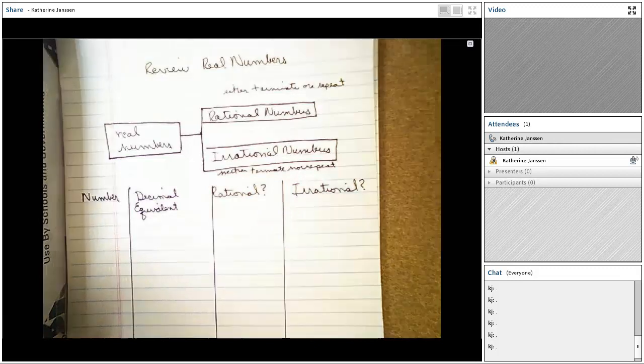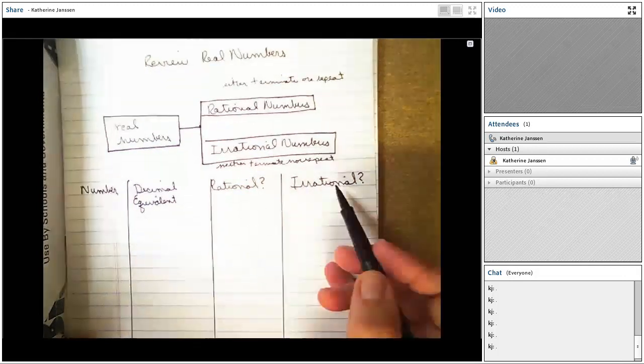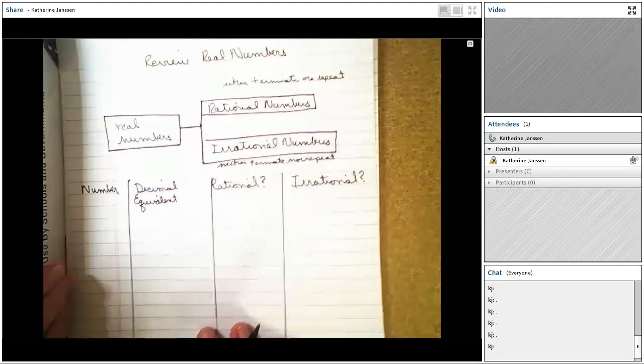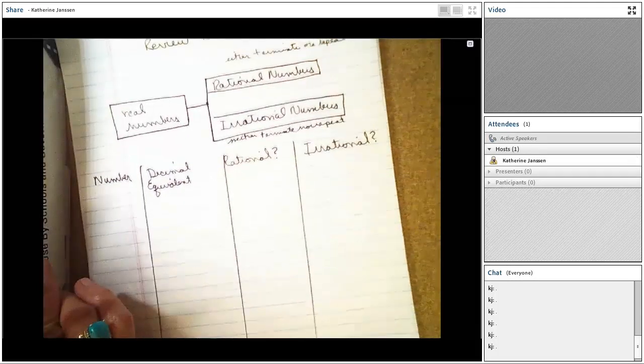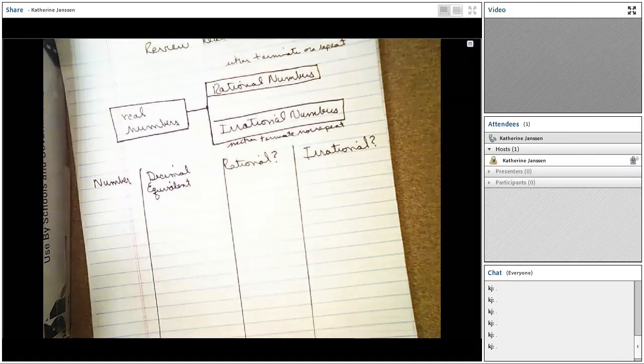So the question is, when you're presented with a number and you're asked to determine if it's rational or irrational, we have to convert to our equivalency in decimal format to make that final decision.